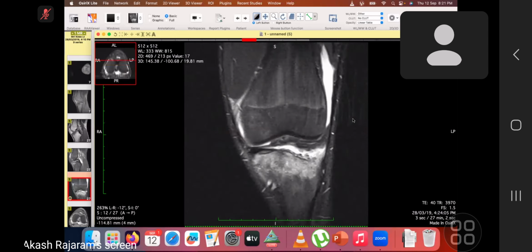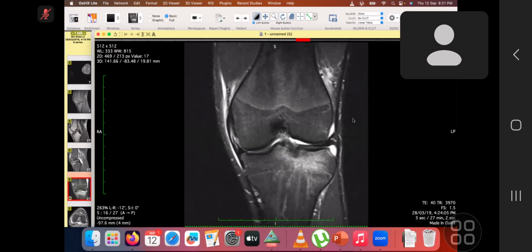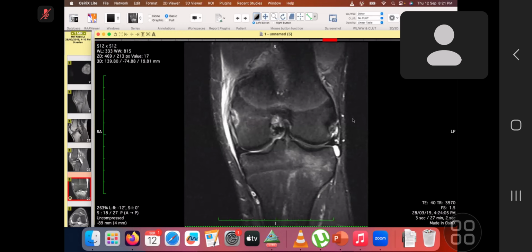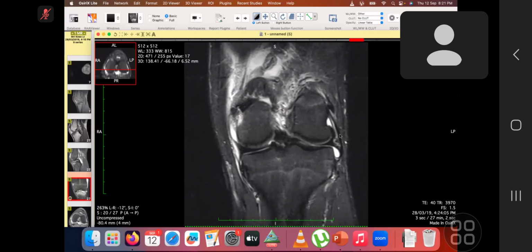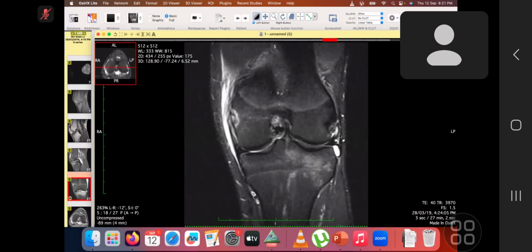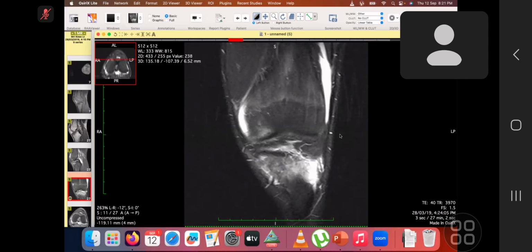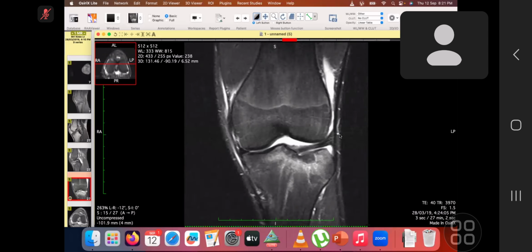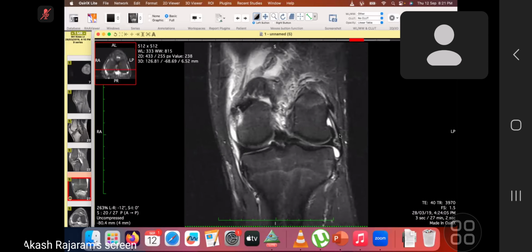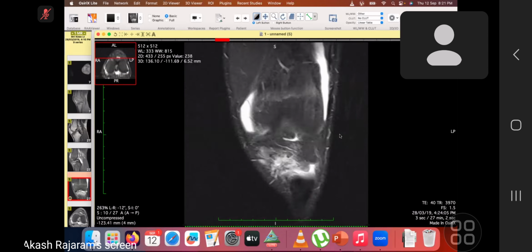I'm presented with STIR coronal images, and I see that there is an osteochondral lesion at the site of attachment of the ACL.